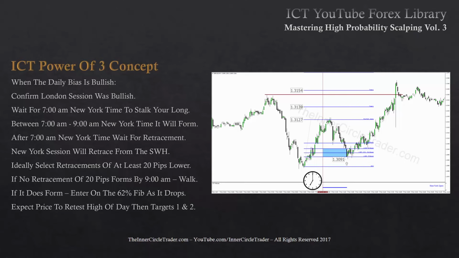But after 7 a.m., which is that vertical line, we have a retracement of 20 pips. Actually, it's a little bit more than 20 pips here, but this is a really good setup. The price trades down into the optimal trade entry, and a beautiful market run.